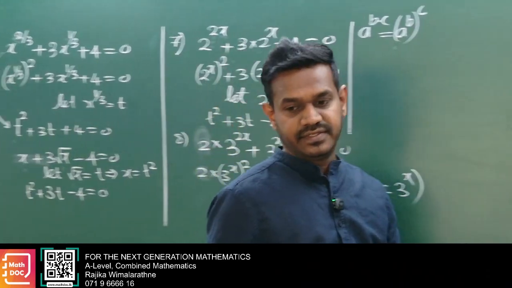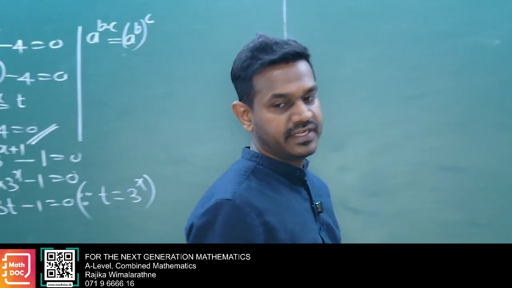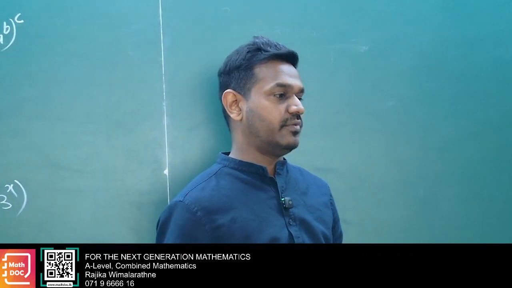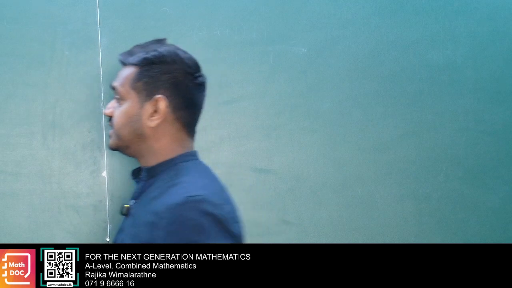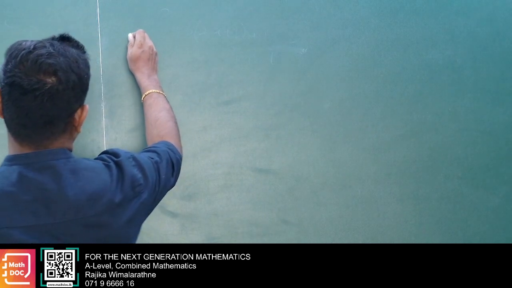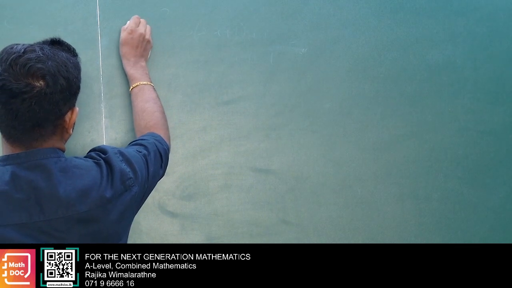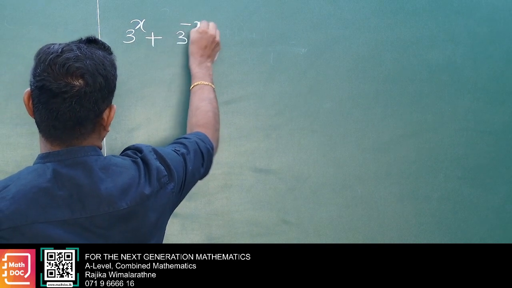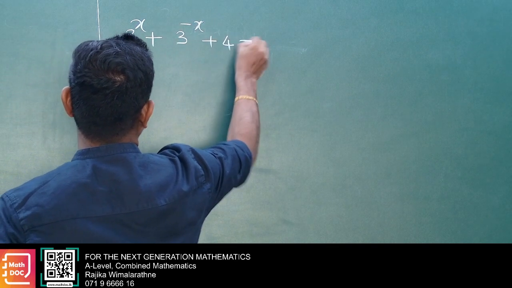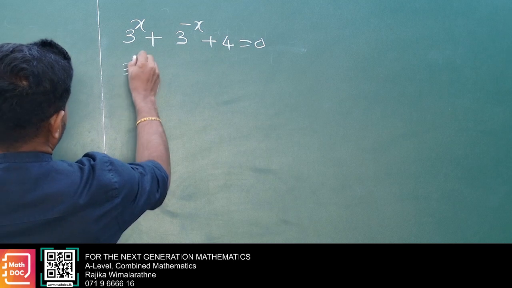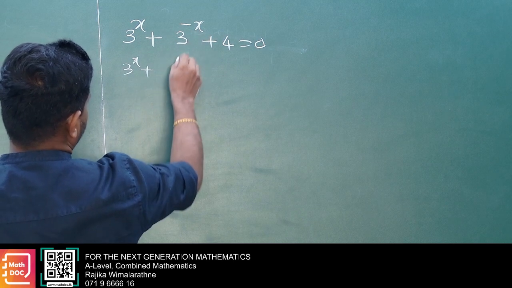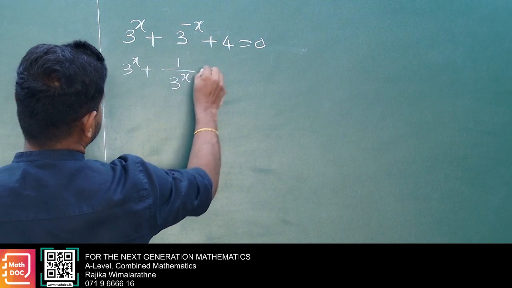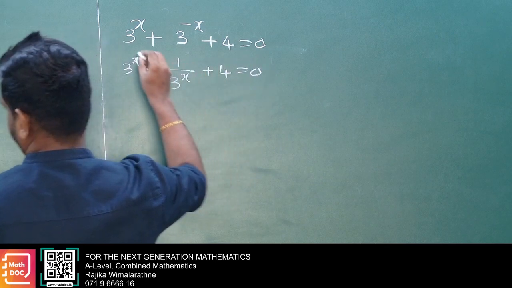Identify the patterns. There can be different patterns; you identify different formats. Now see this: 3 to the power x plus 3 to the power minus x plus 40. Here 3 to the power minus x is 1 over 3 to the power x.